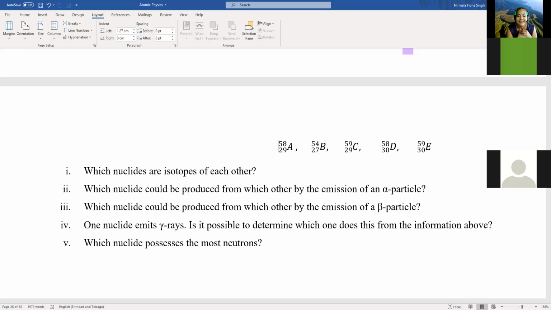Anybody? Isotopes are atoms which have the same atomic number but different mass numbers. So which number is the same? The number at the top or the number at the bottom?